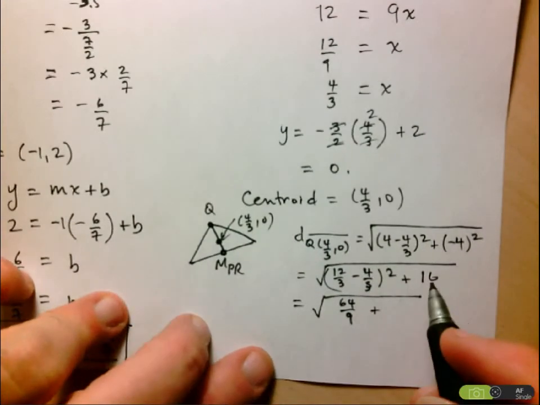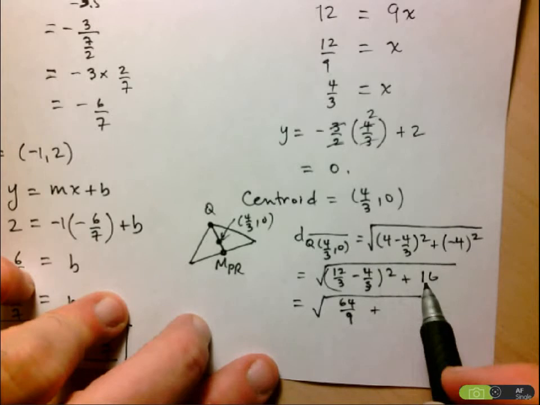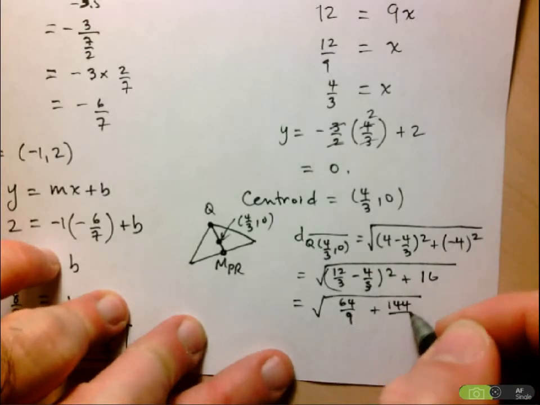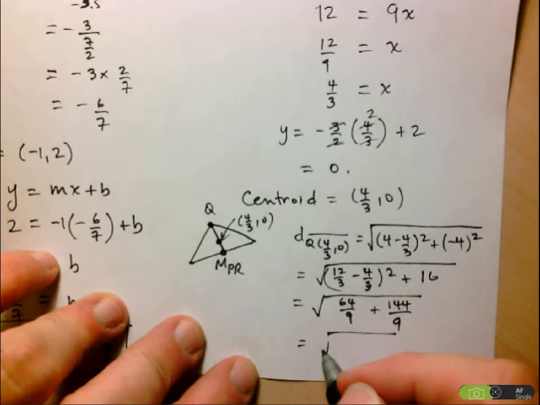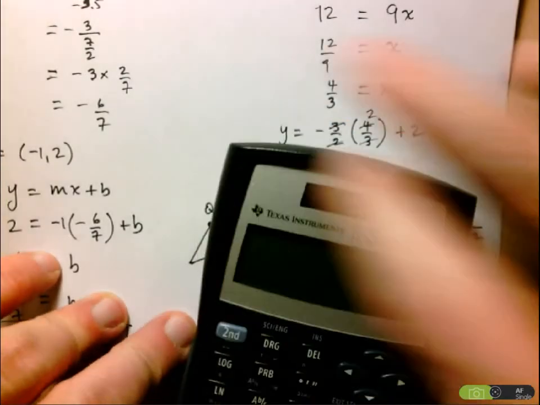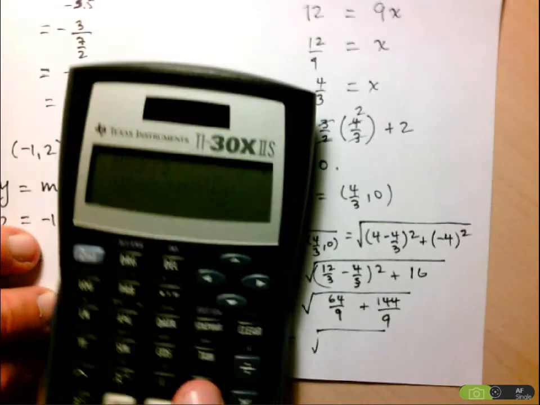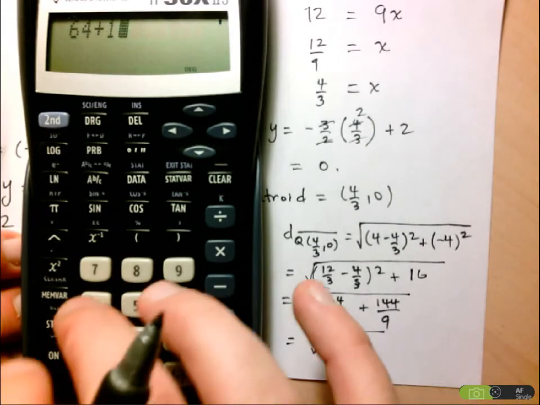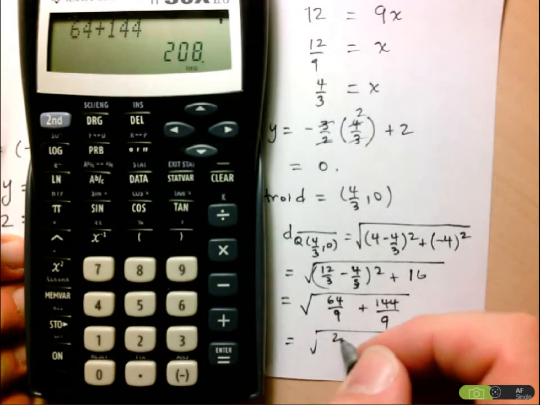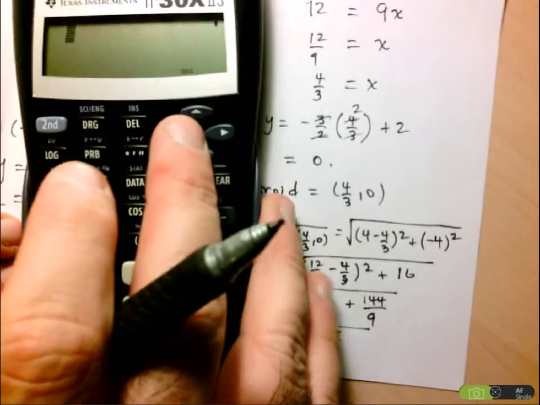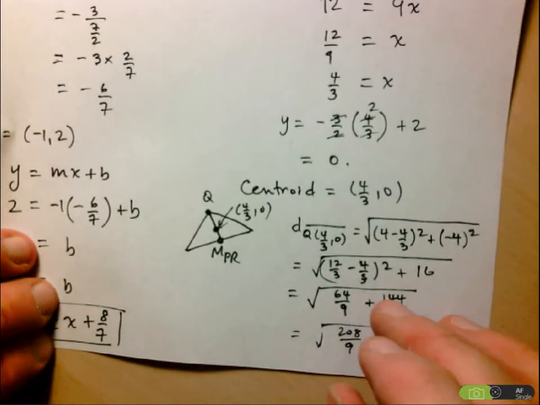So 9 times 10 is 90, 9 times 6 is 54, so 90 plus 54 is just 144/9. And so here, I'll just take my calculator: 64 plus 144 equals 208/9.